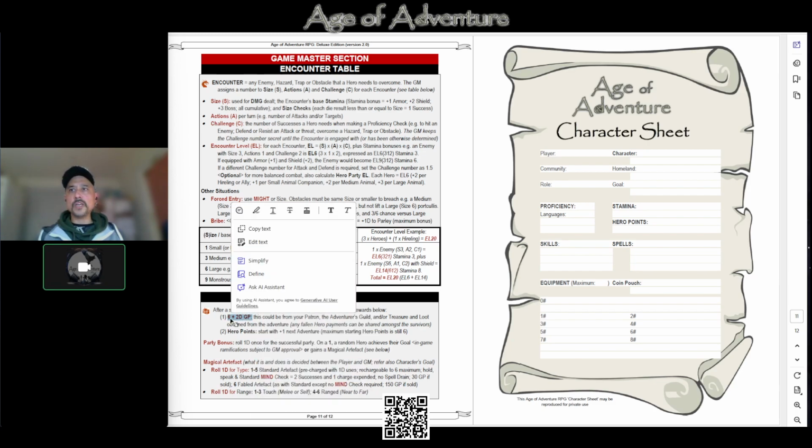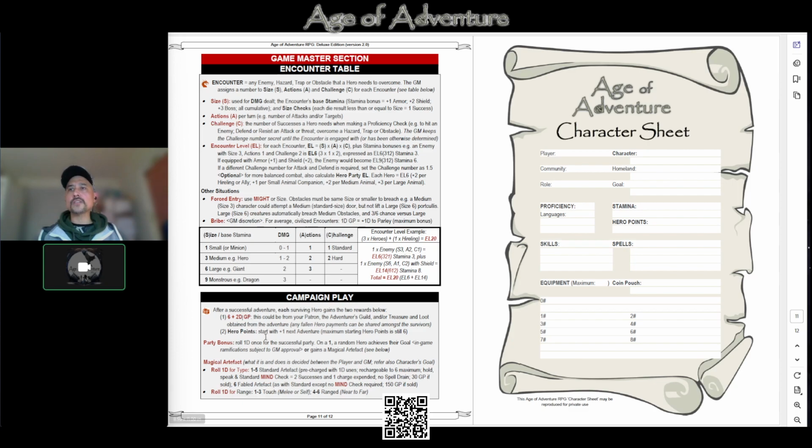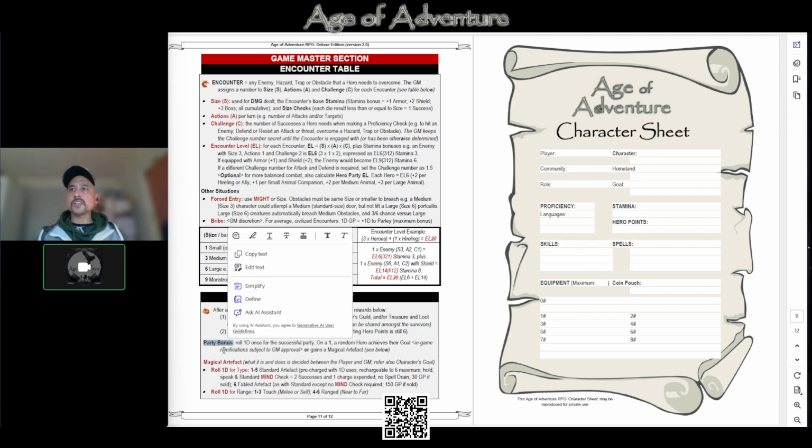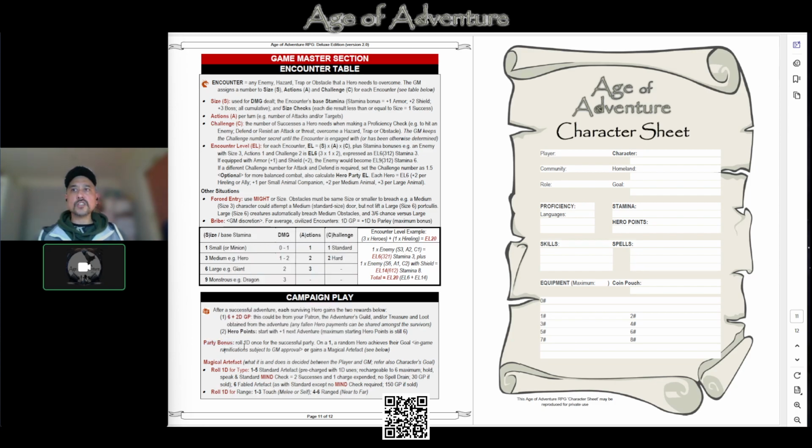You get some gold pieces, 6 plus 2 dice gold pieces, and you start the next adventure with 1 extra hero point, so plus 1 hero point in the next adventure. Note that the maximum is still 6, but you've got more chance, obviously, of starting with 6 on the next adventure. There also is a roll that's made after every successful adventure that applies to the party, where someone in the team rolls 1 dice, and if they roll a 1, one random member of the party achieves their goal.